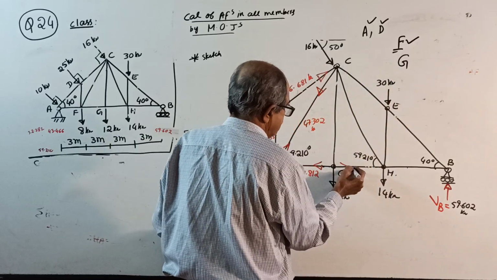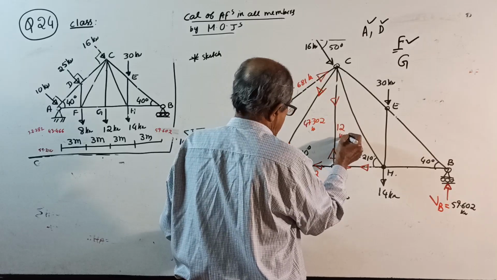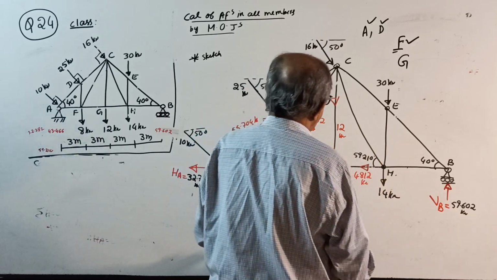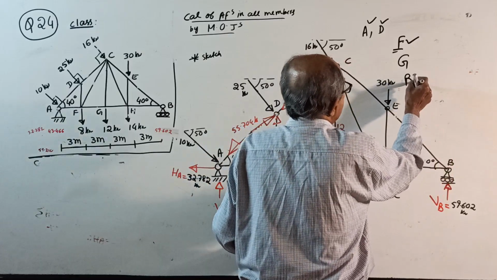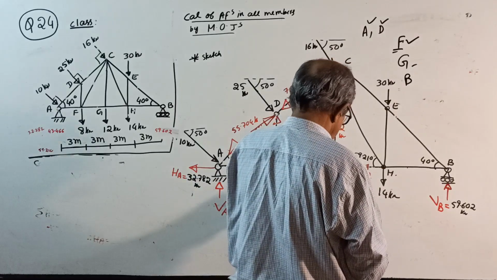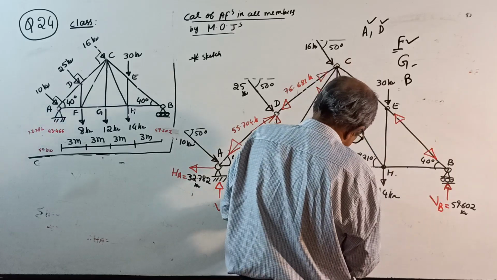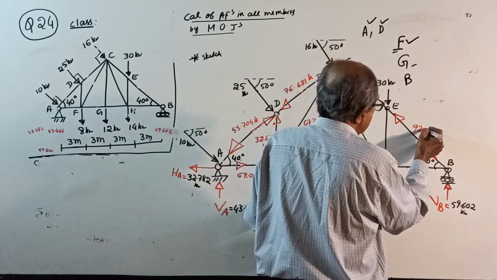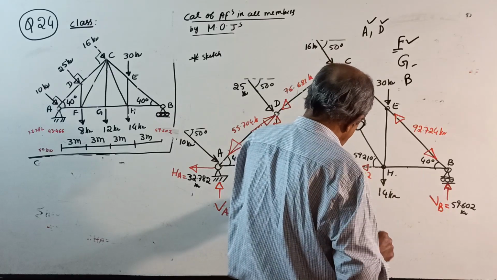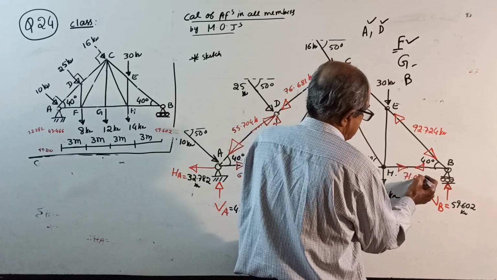Over within no time. Now do one thing, better go to B. This G over, now go to B. 92.724, 71.031 kilonewton.